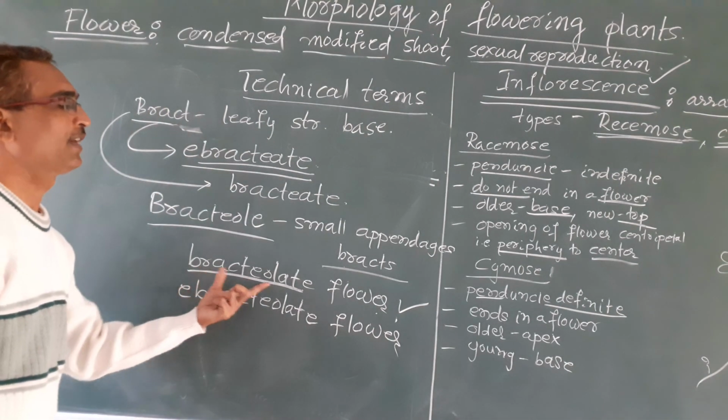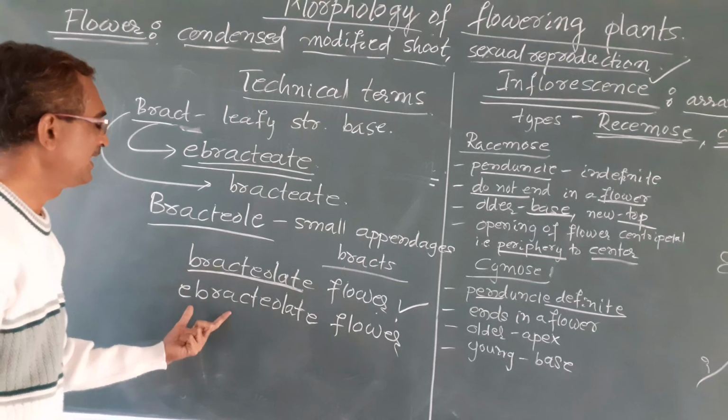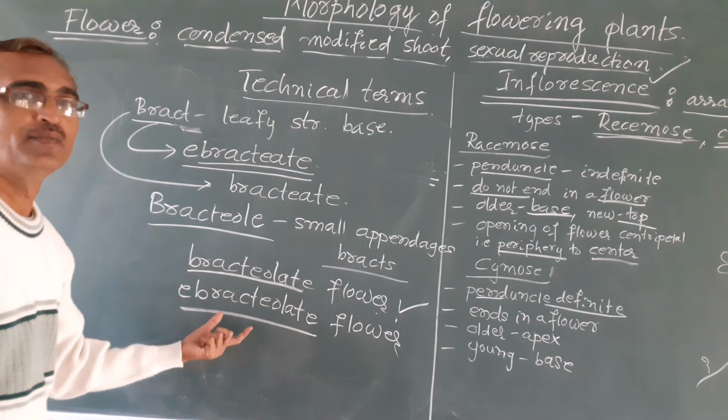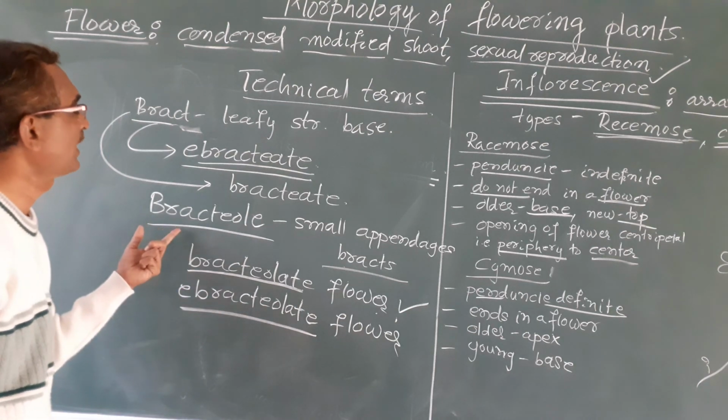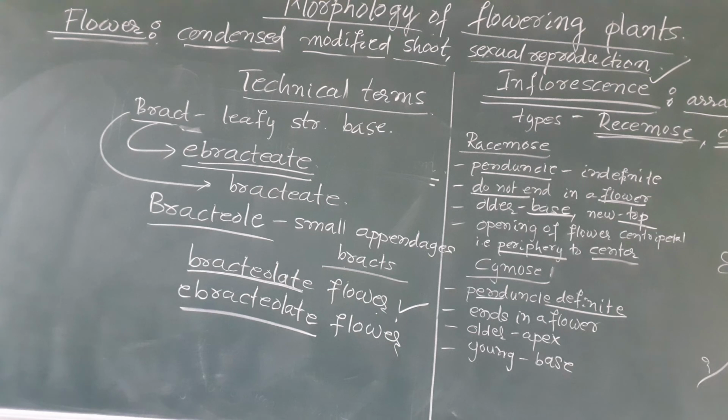So bracteolate flowers are the ones which have bracteoles, and ebracteolate flowers are the ones which do not have this bracteole.